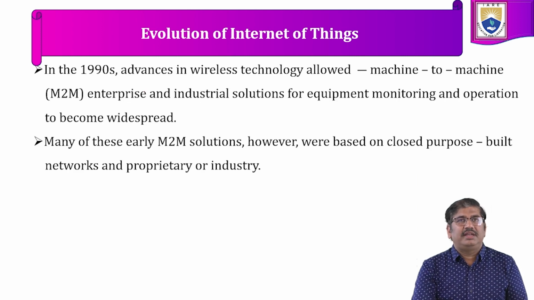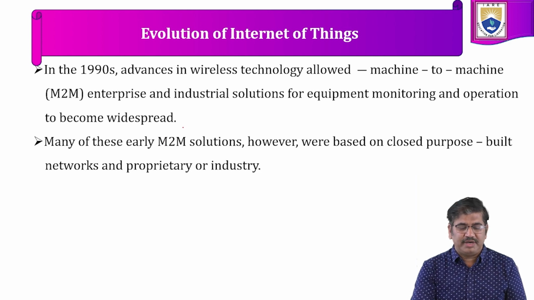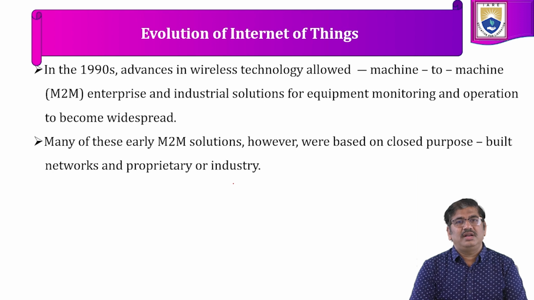In the 1990s, advances in wireless technology allowed machine to machine enterprise and industrial solutions for equipment monitoring and operation to become widespread. Many of these early machine to machine solutions, however, were based on closed, purpose-built networks and proprietary or industry standards.